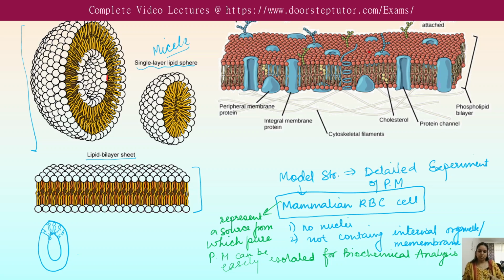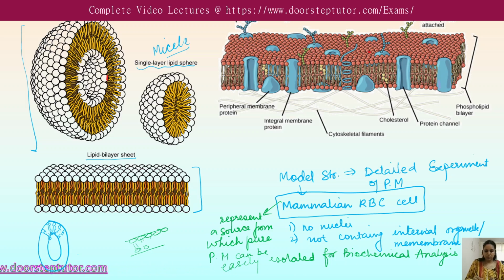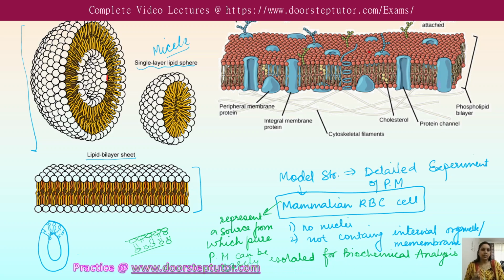So this was proved by the experiment also, that the lipid was in a bilayer arrangement, not in a monolayer arrangement. This was all about the arrangement of lipids, the structure of the fluid mosaic model, its composition, and the lipid bilayer, how the lipids are organized or arranged in the plasma membrane structure.